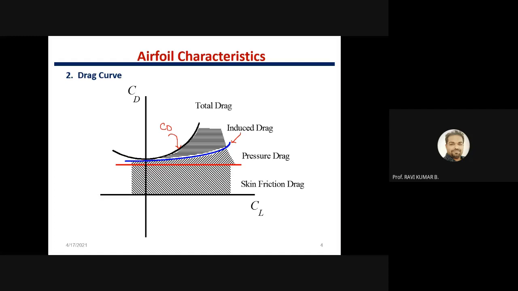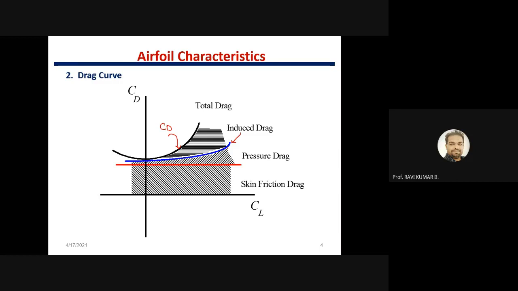And from pressure drag, this induced drag is also originating. So this is induced drag, and this is called skin friction drag, which is very, very less compared to induced drag. Yes, sir, both induced and pressure drag come from separation. Due to the pressure difference, separation will happen, because the backside pressure will be acting in the reverse direction.